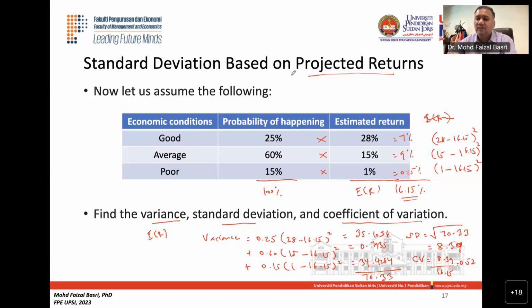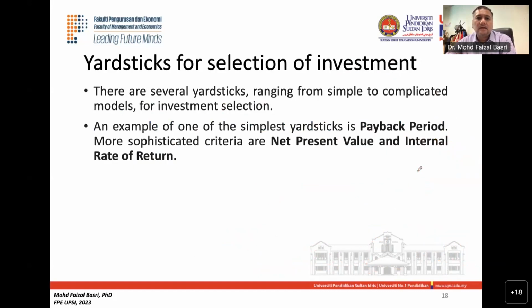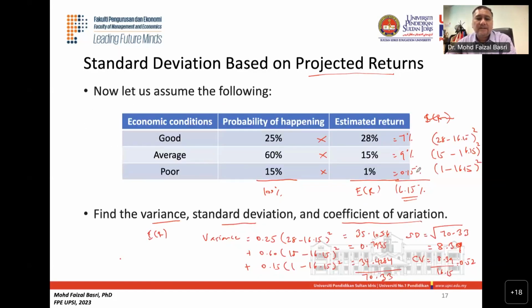Earlier, number one, we measured using historical returns, meaning we have multiple years of information, then we measure the variance and also the standard deviation. But here, usually for a new investment or an investment that doesn't provide us the historical returns, we can estimate. Okay, any questions so far?